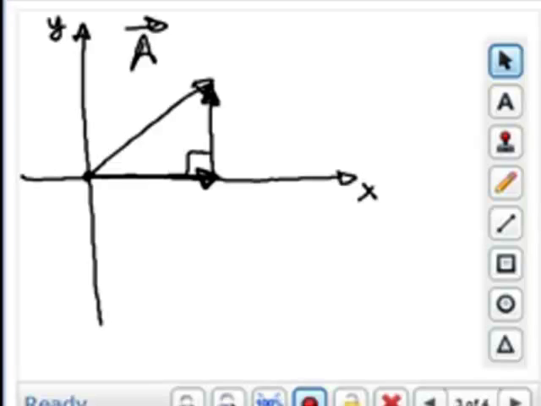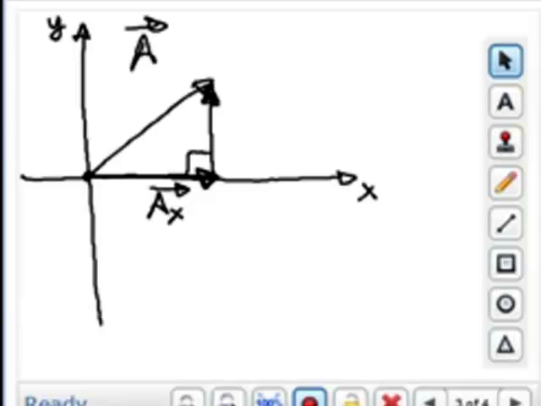Now that I have my right triangle, let's say I'm going to decompose A into a vector that I'm going to call AX, to remind me that this is the component of vector A along the X coordinate axis.